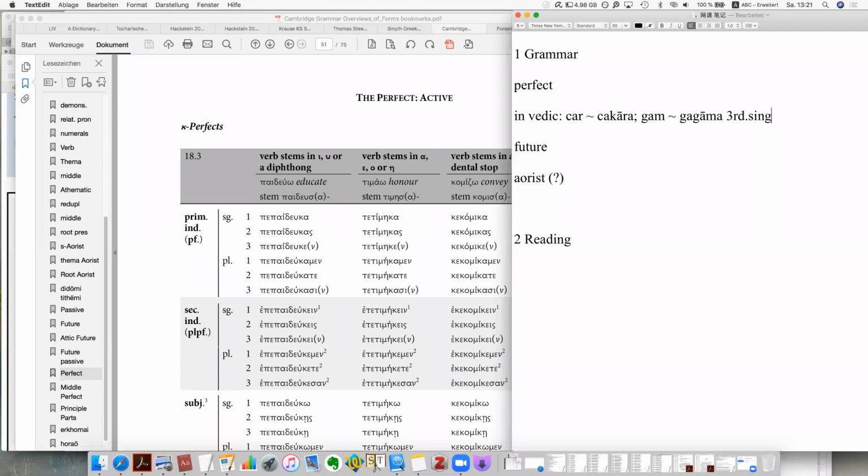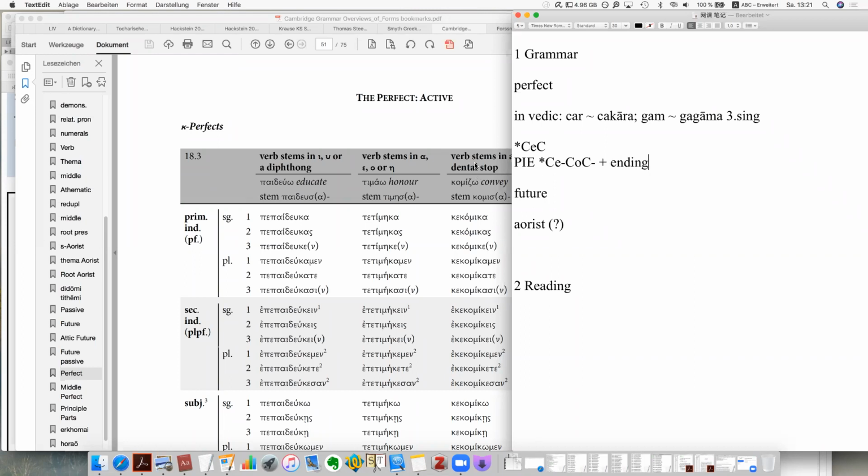And I also mentioned that in Proto-Indo-European, if we have a root like this one, you would build the perfect like this, and then you add the ending. So this is actually all you need.